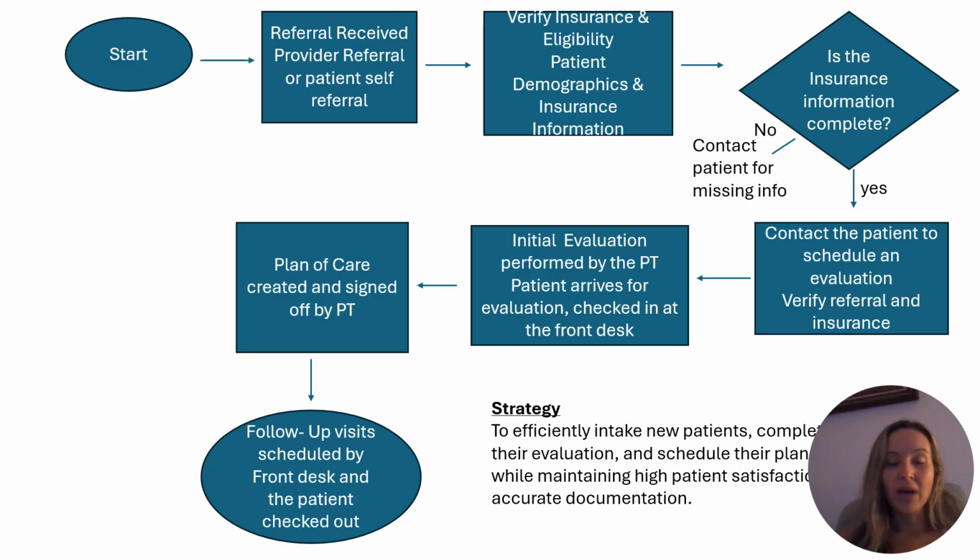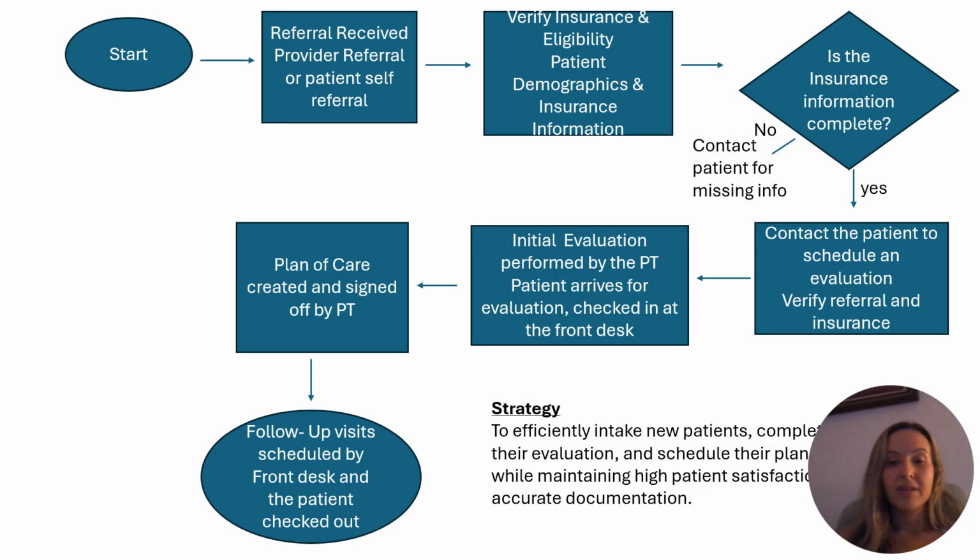So if we don't have those details, we will call them to get that. If everything's complete and looks good on our end, we will contact the patient and schedule an evaluation. And like I said, I kind of skipped over that step, but we will go ahead and confirm all the details, their demographics, everything's correct that we have in the chart.